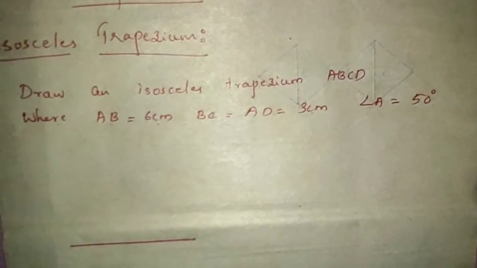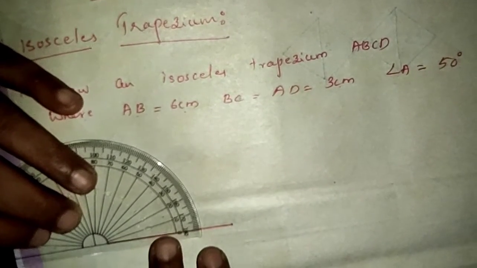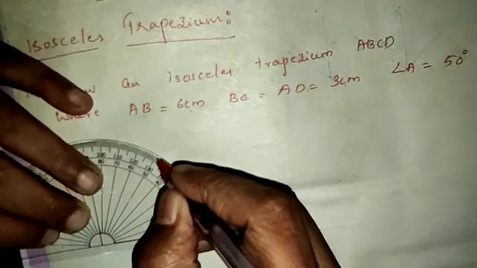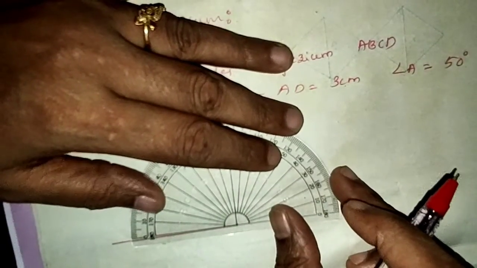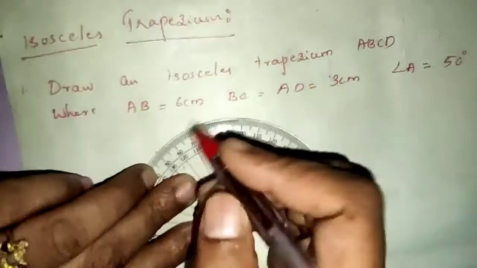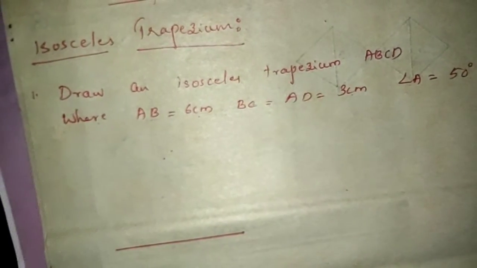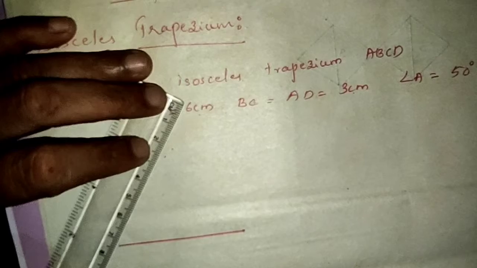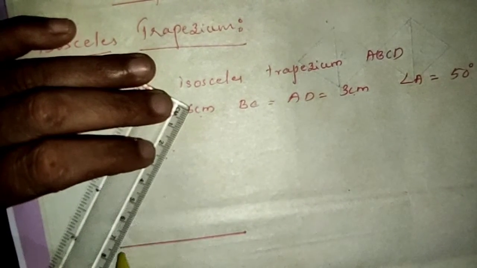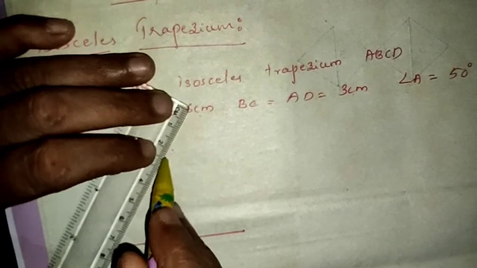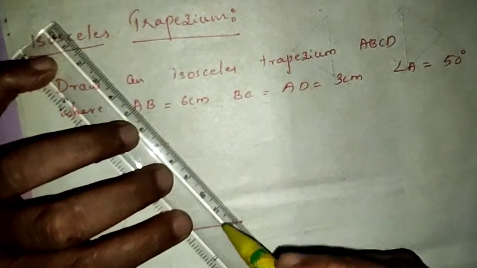Then we know that base angles of an isosceles trapezium are equal. So measure 50 degree at this end and similarly 50 degree at this end. Then just draw this line, and similarly here also.